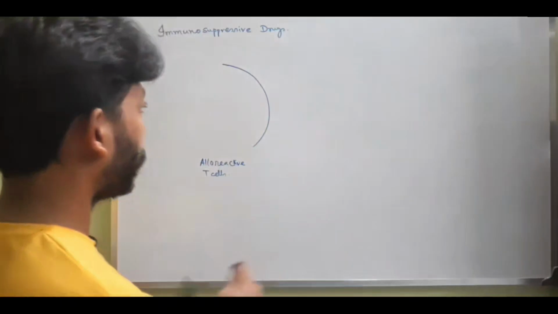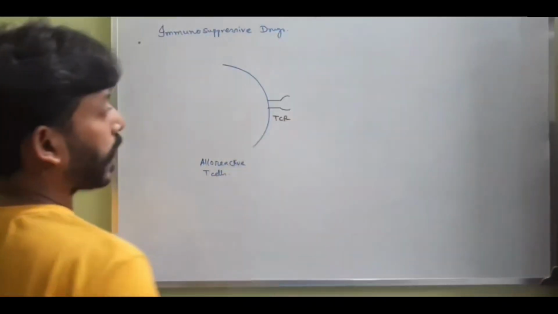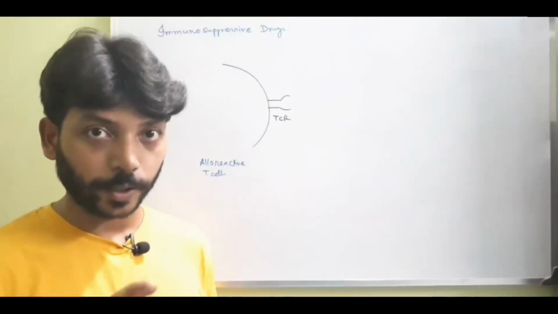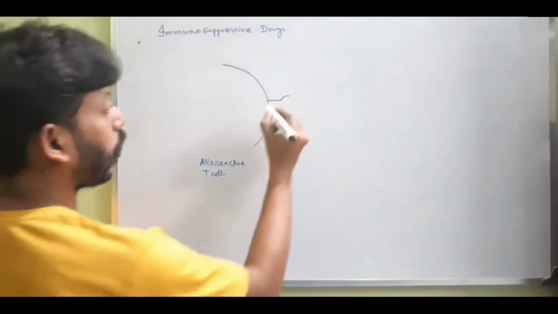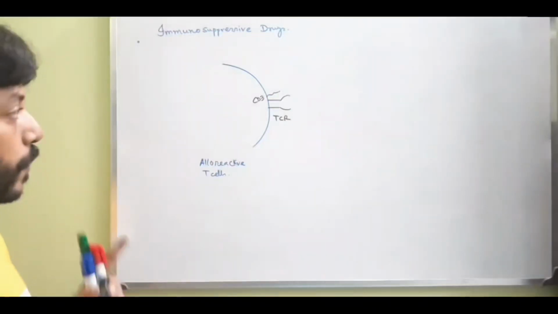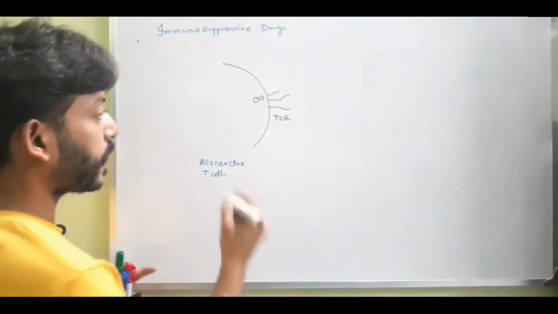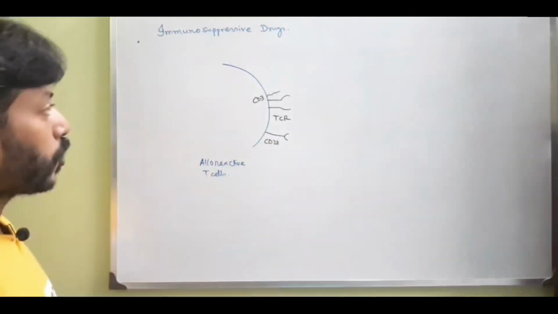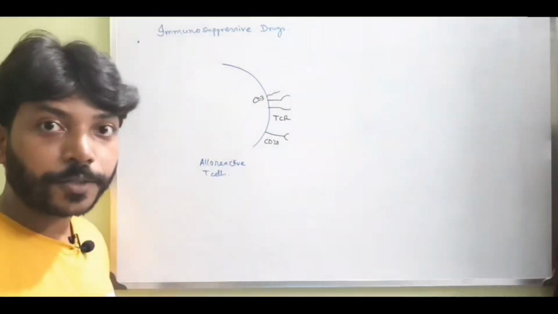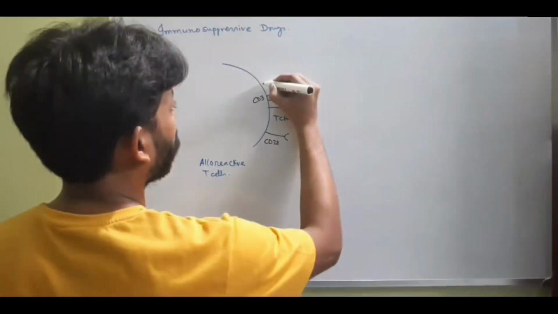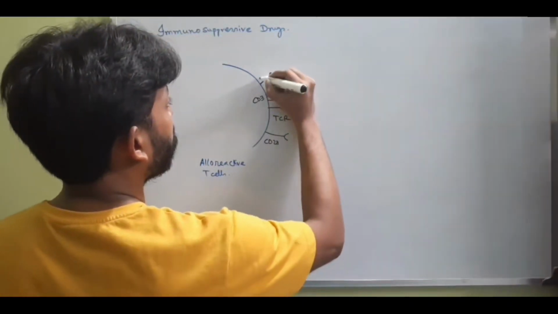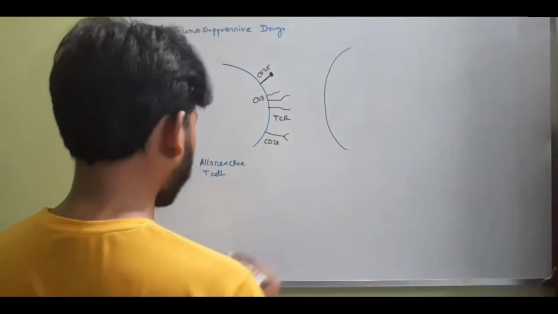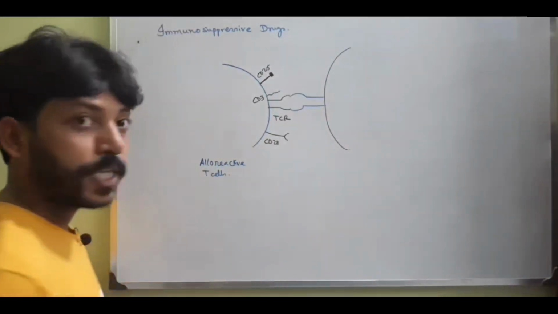A T cell must have a T cell receptor, which is associated with a co-associated molecule for signaling, called CD3. For proper activation of T cells, there is another important receptor called CD28. For proliferation of T cells, there is another receptor called CD25, the IL-2 receptor alpha subunit.